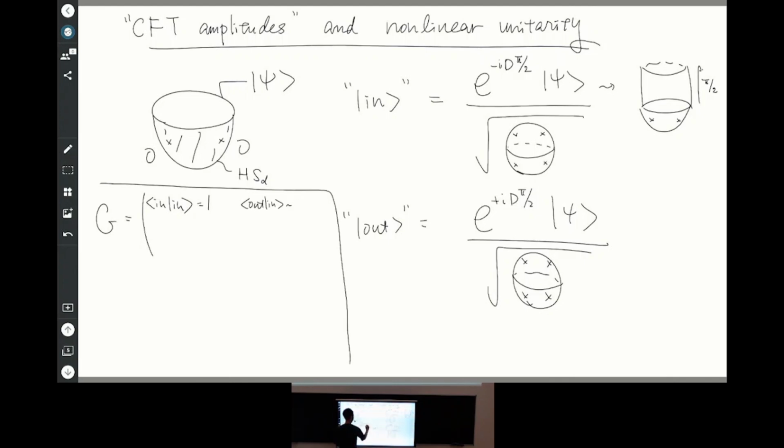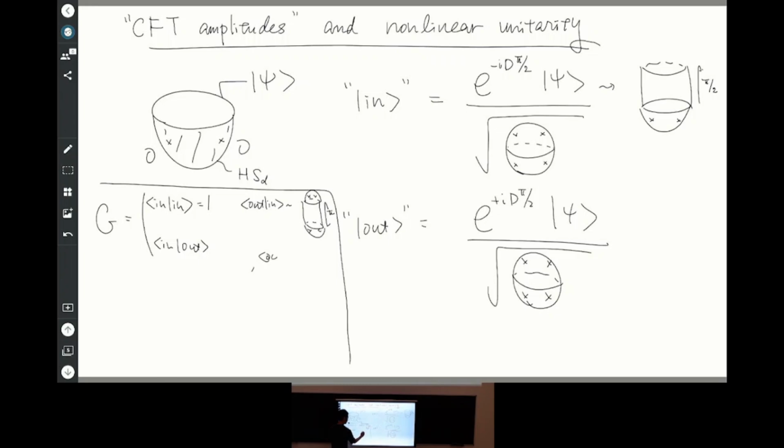And it corresponds to something like this. You have two operators here, two operators here, and then separated by pi. Okay? And then in and out is basically the same with minus pi.